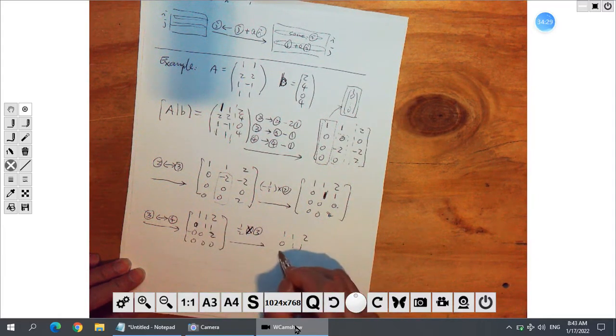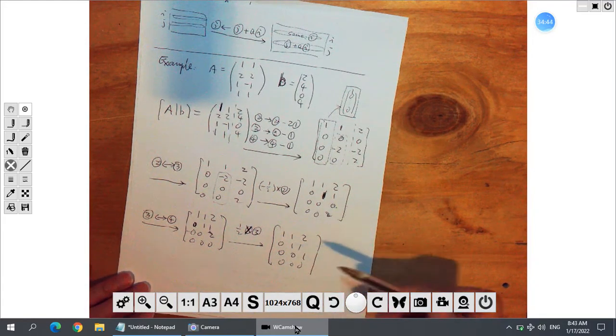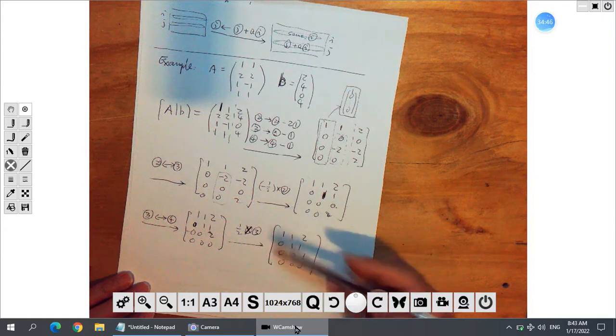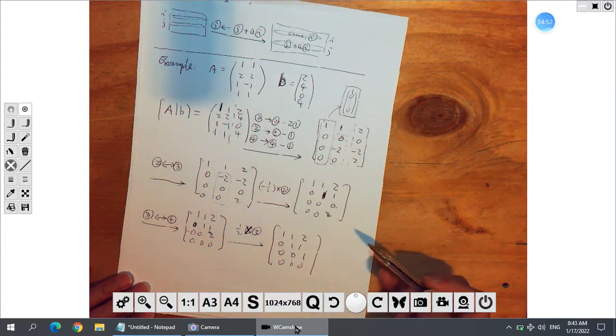And this is divided by 2, times 1 over 2, so I get 0, 0, 1. And the last is 0, 0, 0. Okay, that's all. This is the final, because we finish this column, this column, this column. No more columns, so we are done.